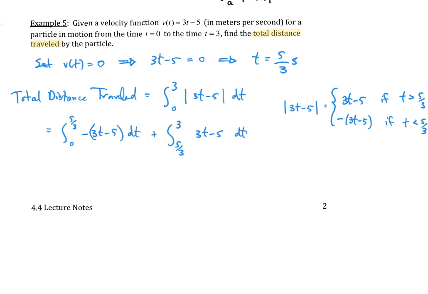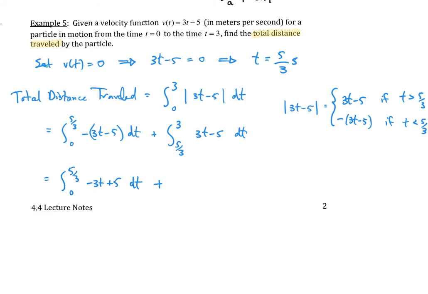All right. So now we're going to calculate the antiderivative of each piece. If you'll let me, I am going to distribute that negative, so maybe I'll write an extra line here. This will be the integral from 0 to 5 over 3 of negative 3t plus 5 dt. And for this second integral, I can find the antiderivative immediately.